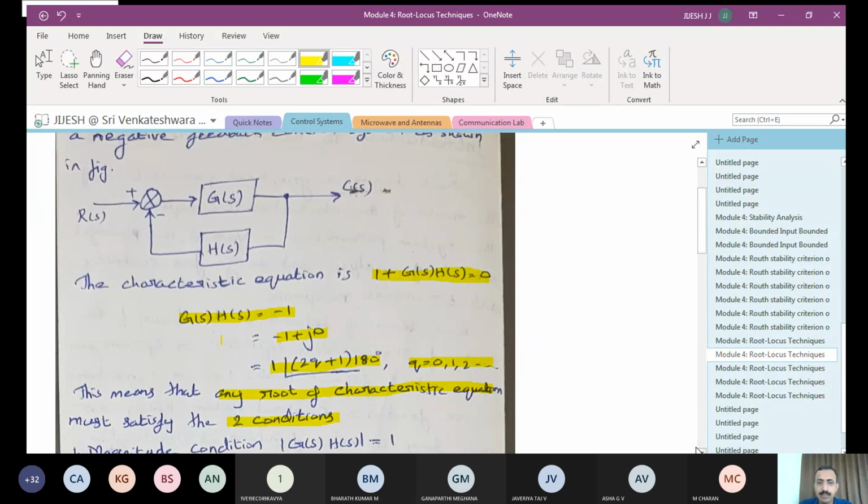After completing it, I will move further. So make a note of those equations, and we are going to see the conditions for the system.